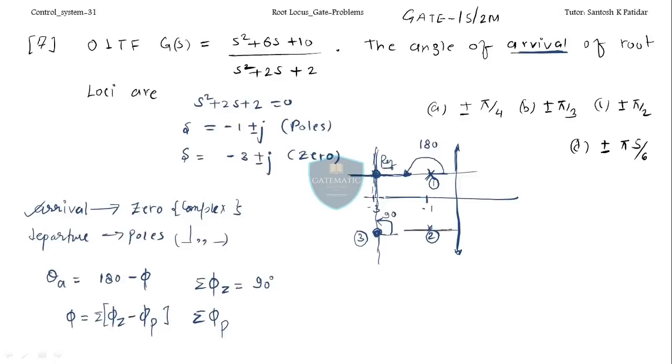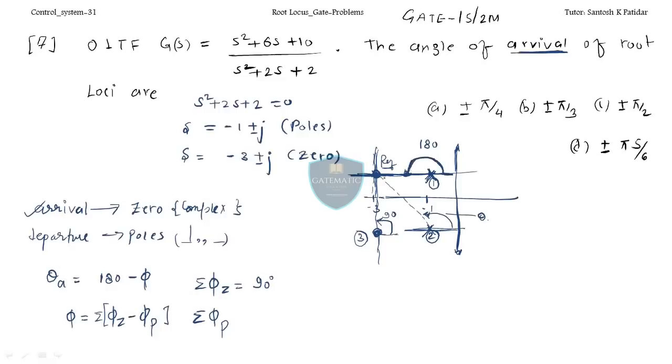Now let's come to this. This is my pole, and let's join this, and this is the angle I have to find. So one more approach: whatever point is given, join that point to the reference. You will get one line, and from the horizontal you have to find the angle of that line.